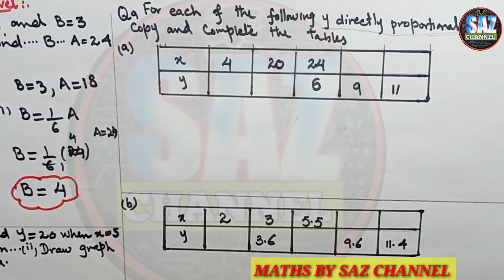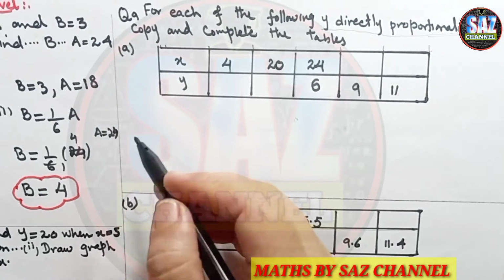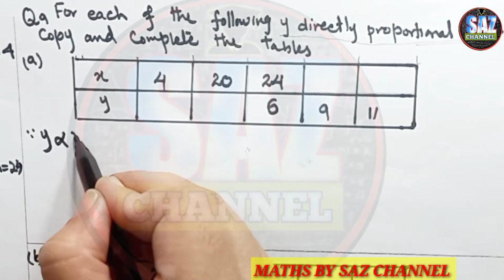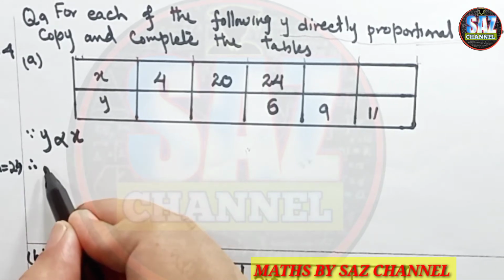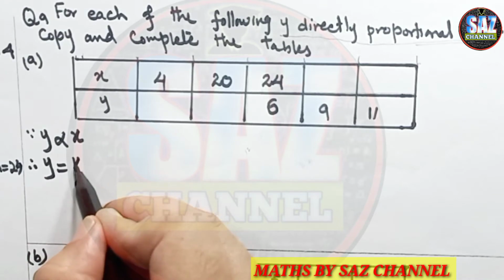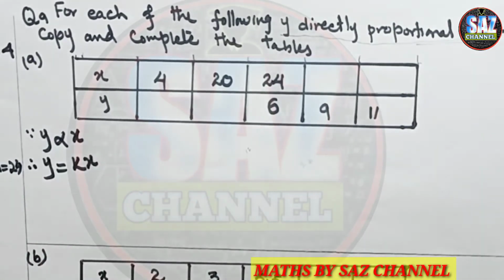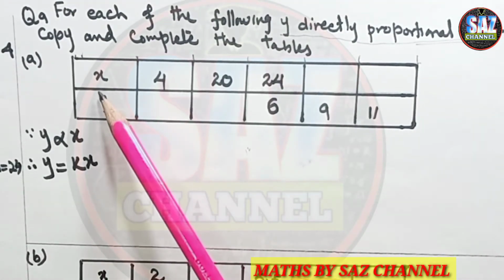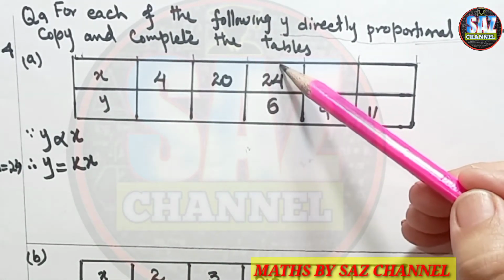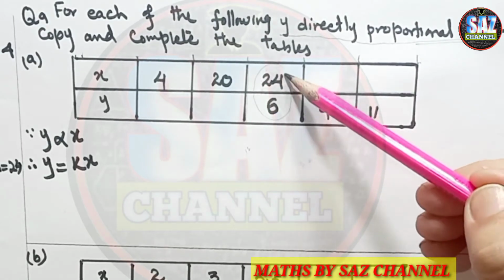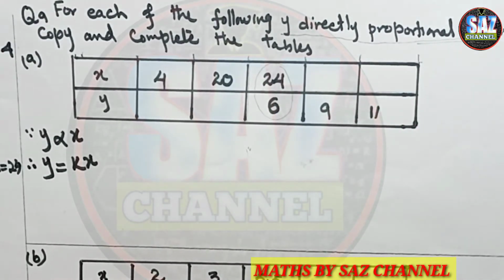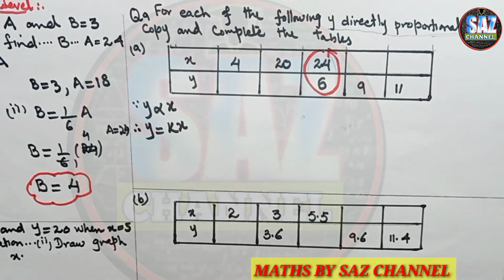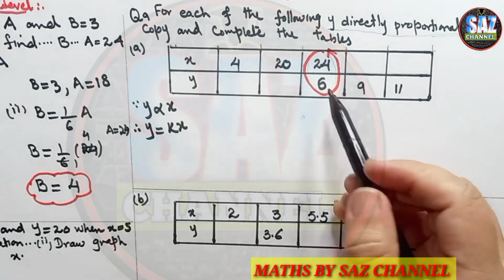The given condition is that Y is directly proportional to X, therefore Y equals K times X. Now the problem is to understand how we are going to evaluate this constant of variation. In the table given, there must be one ordered pair which will be completely given. Like if we look at 24 and 6, here the information is given. So with the help of this, we are going to evaluate the constant of variation.